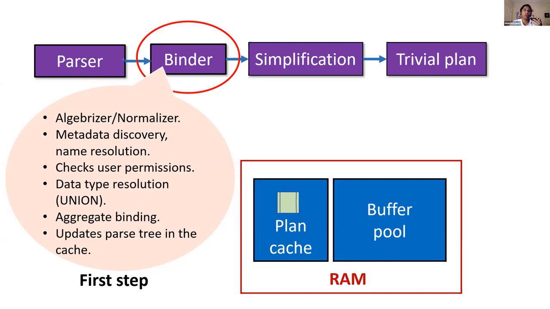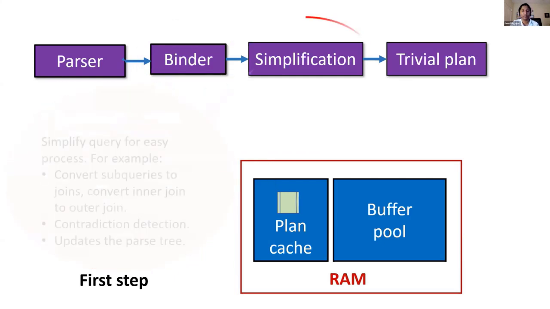For example, if you are doing a select query and you are using two tables by using a union in it, the ordinal columns of those two tables should match in the data type. And aggregate binding happens here. That means the sum, average, those kind of things are bound here. With all this information, the binder component will go ahead and update the parse tree inside the plan cache. And the query is now sent to the simplification phase.